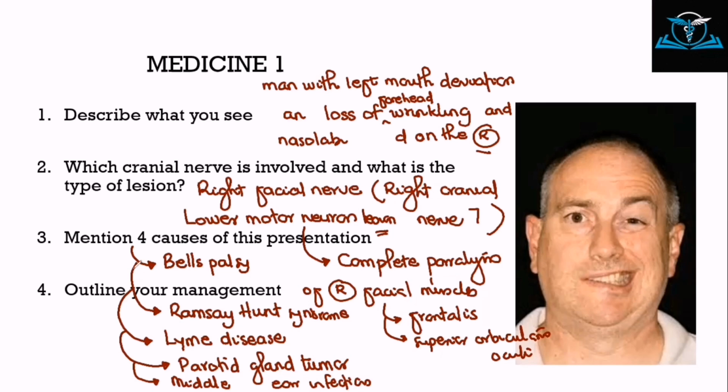But if you are writing, you know that Bell's palsy is the most common. Ramsey-Hunt syndrome or herpes zoster oticus, okay? Lyme disease, yes. Organophosphate poisoning, yes. Parotid gland tumor, yes. Middle ear infections, yes. GBS, yes. So you are looking at causes of what?